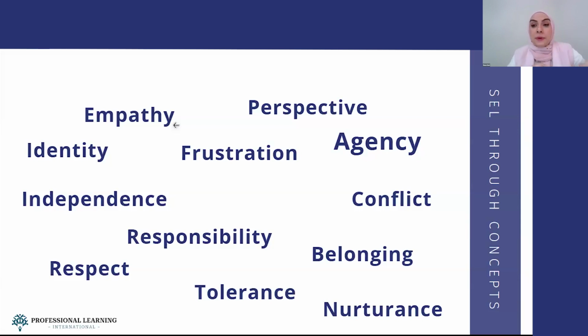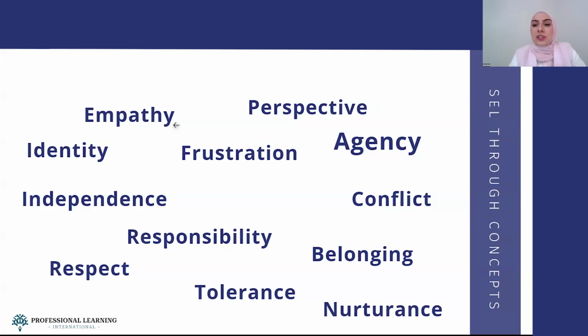So the concepts: empathy, identity, frustration, perspective, independence, responsibility. I'm sure as teachers, we always embed social emotional learning. Sometimes we're not aware that we're doing this, but if the students are, let's say, fighting at recess, they come back to your class, you're going to be talking about certain SEL concepts.